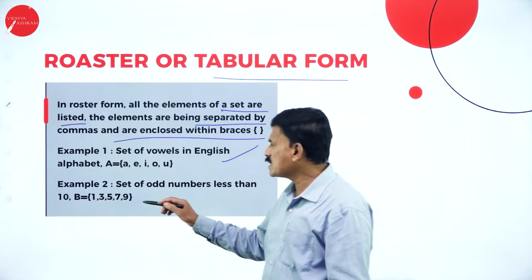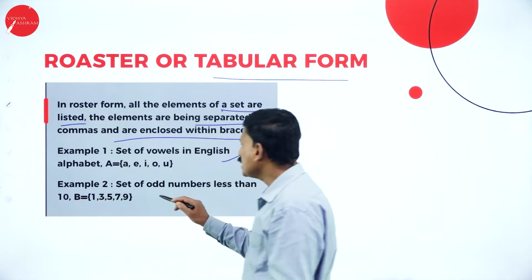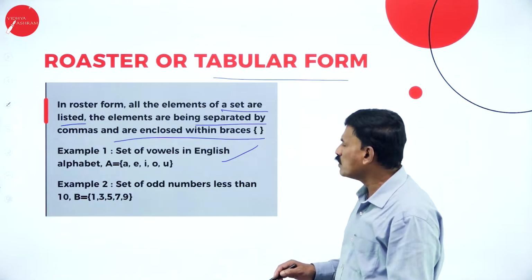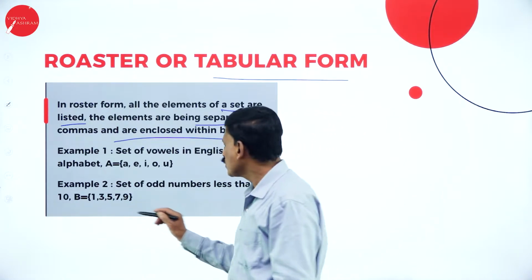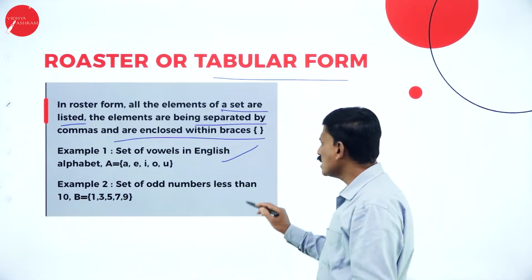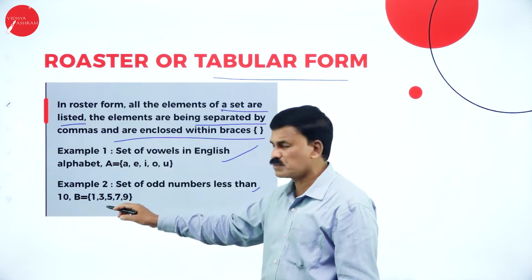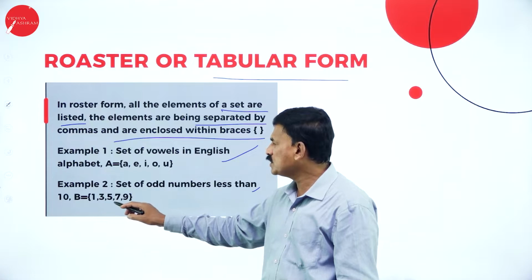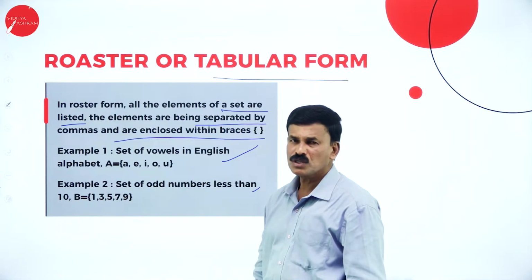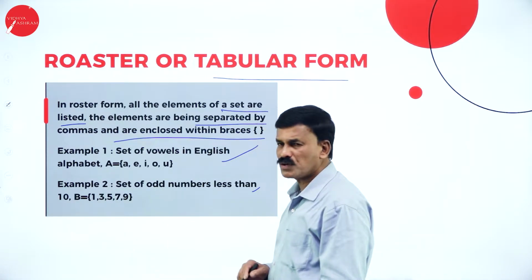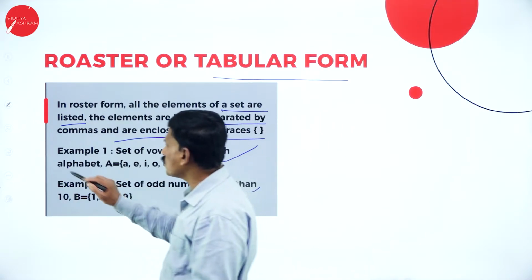Let us consider one more example, the set of all odd numbers less than 10, that is B = {1, 3, 5, 7, 9}. This is an example of a set in roster form.